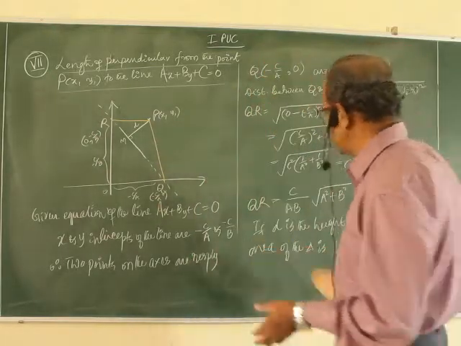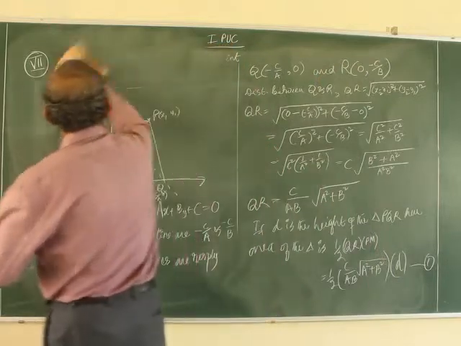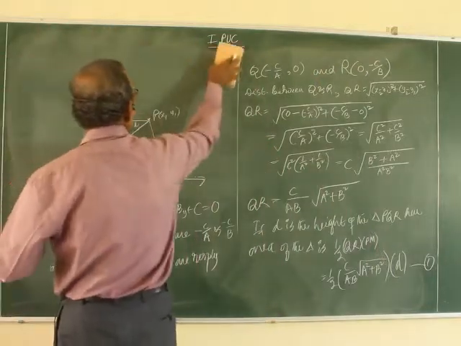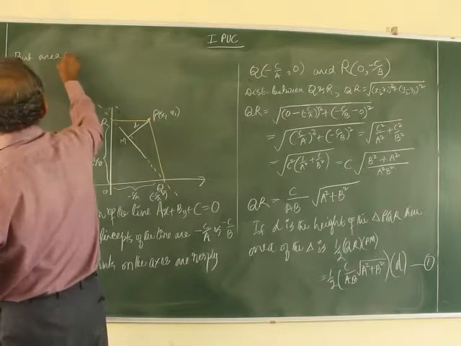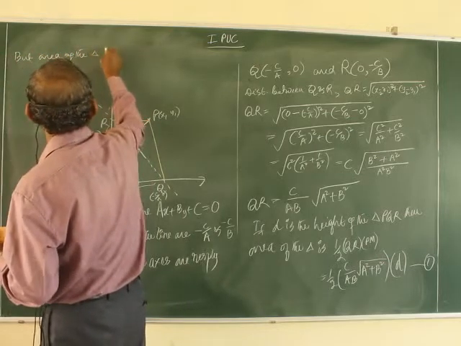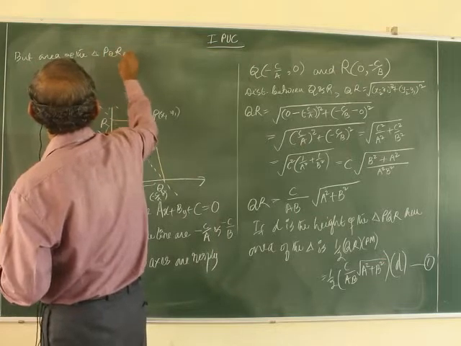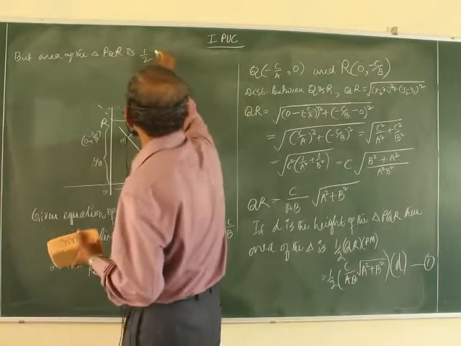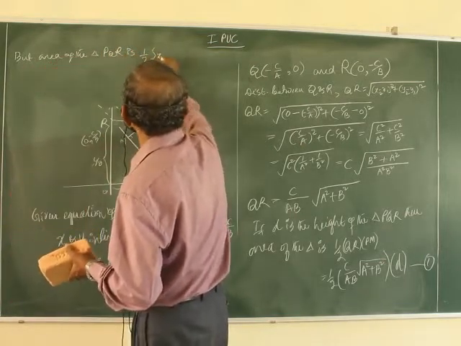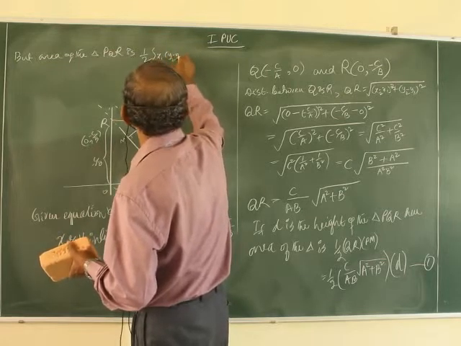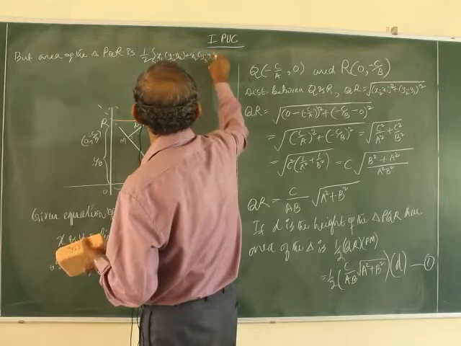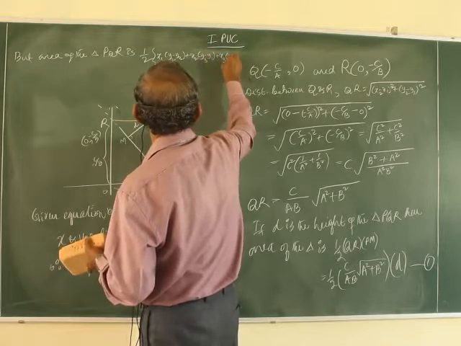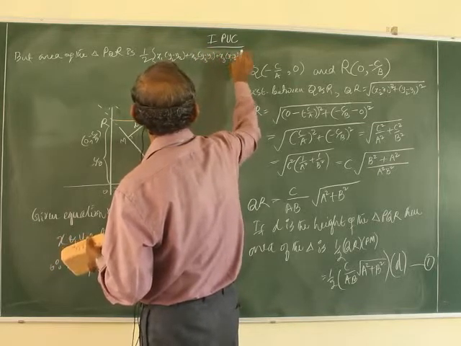Area of the triangle PQR is half into, do you remember this? x1 into y2 minus y3, plus x2 into y3 minus y1, plus x3 into y1 minus y2. Use this formula.